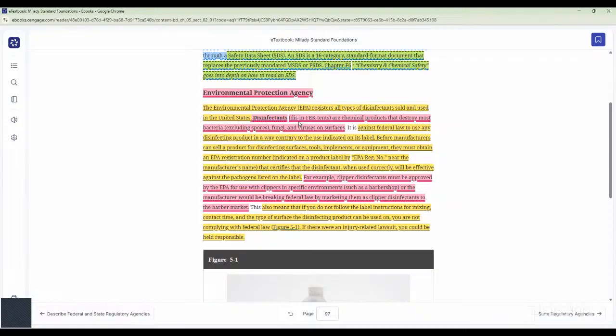Please note, an EPA registered number will signify that this product does what it says it does and is safe to use within the walls of the United States. Okay. All disinfectants sold and used in the United States must have an EPA number.